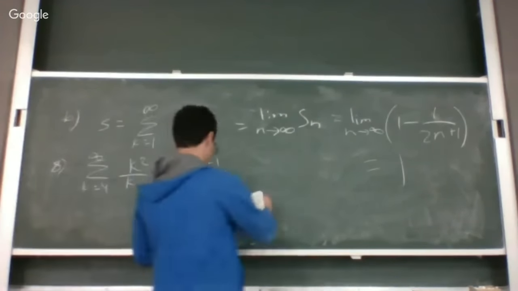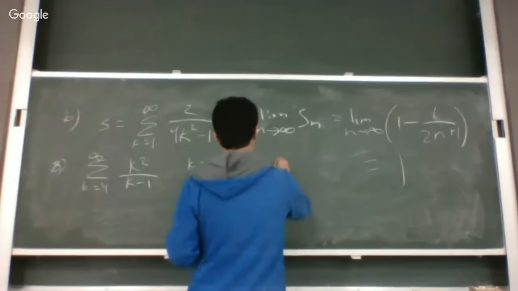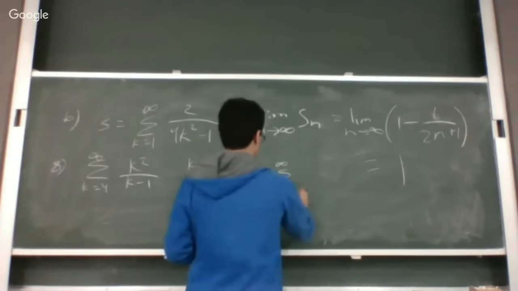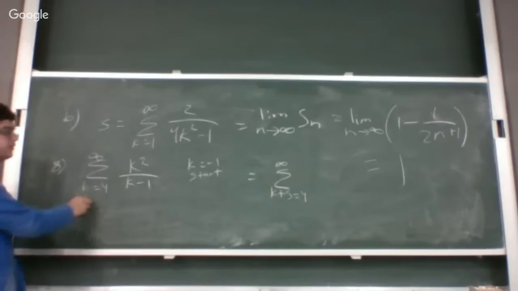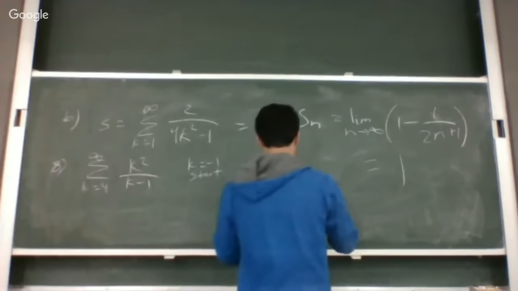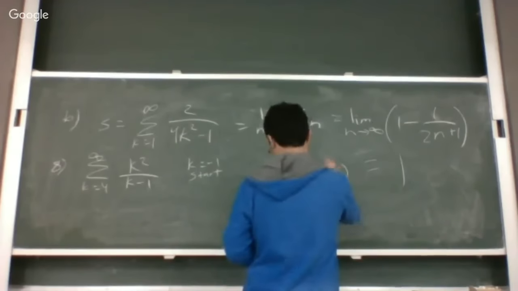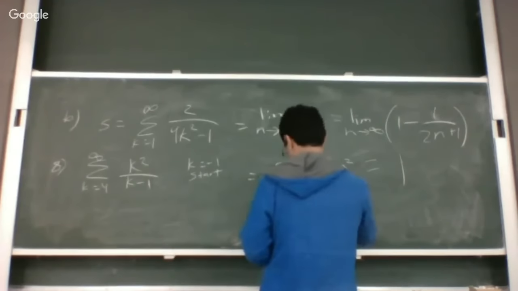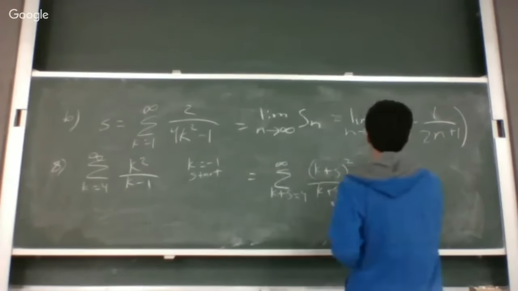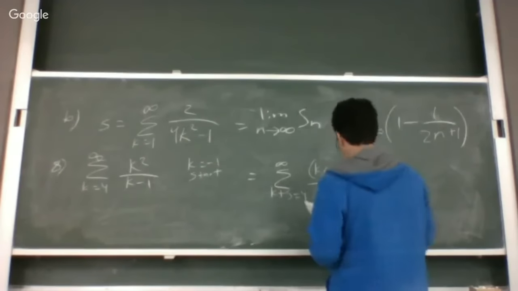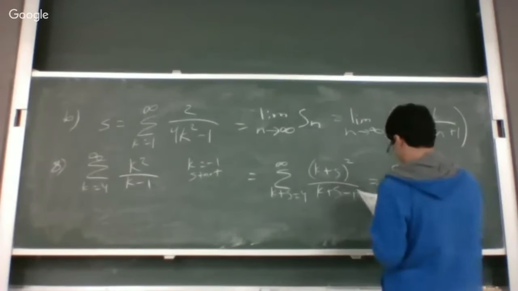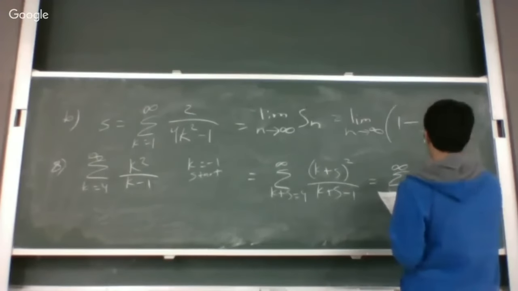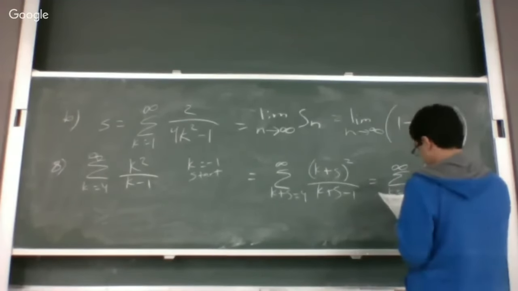So this is equal to the summation going to infinity, starting from k plus 5 equal to 4. And since we're substituting k with k plus 5, we need to substitute everywhere in the middle. So we have k plus 5 quantity squared divided by k plus 5 minus 1. Then we simplify that: the summation from k equal to negative 1 to infinity of k plus 5 quantity squared divided by k plus 4.